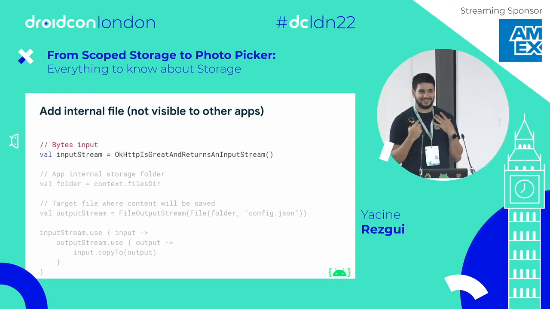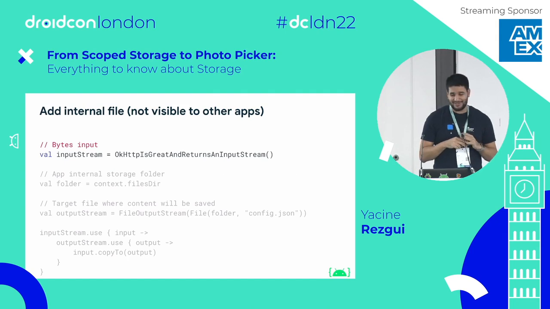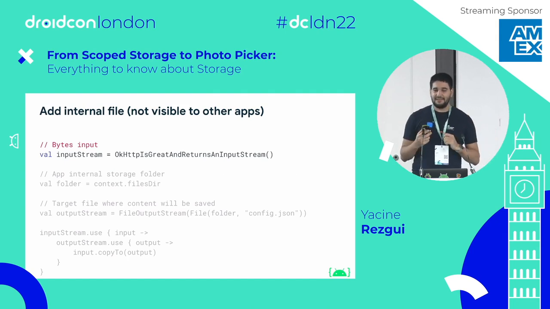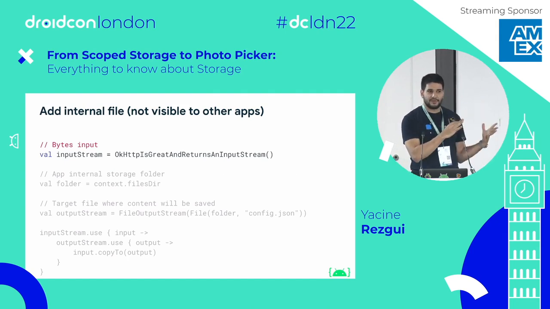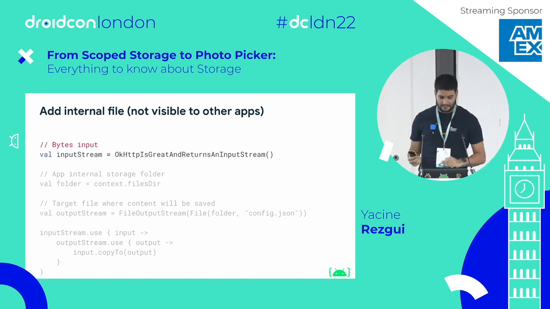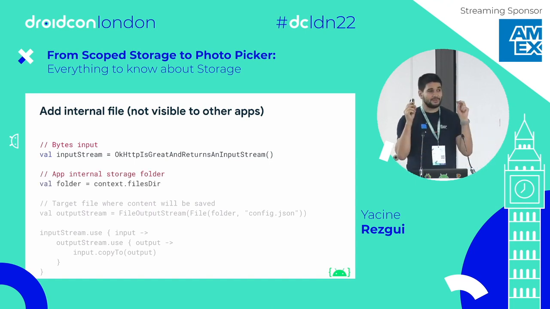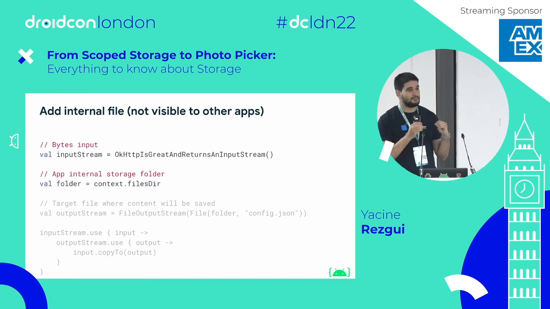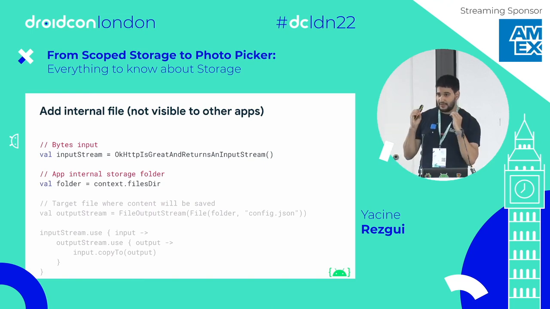A lot of you, I guess, love OkHttp. It just does the job super well. In this case, let's imagine we have another function that does the OkHttp calls and returns an InputStream. If we want to save the file just for our app, private, so we don't want anyone else to have a look at it, we'll use the filesDir property, part of our context.